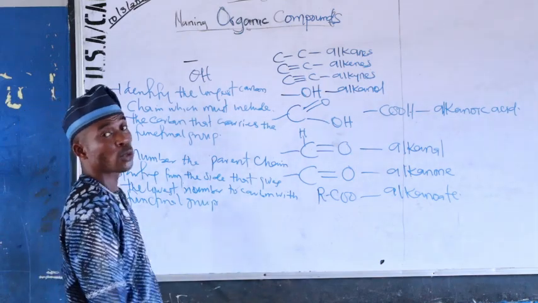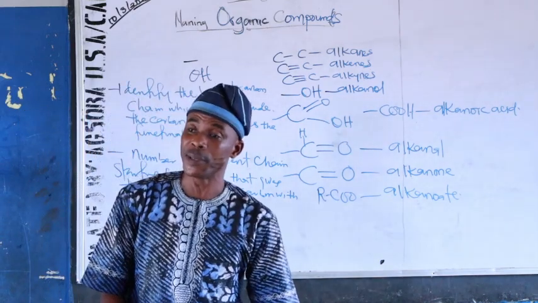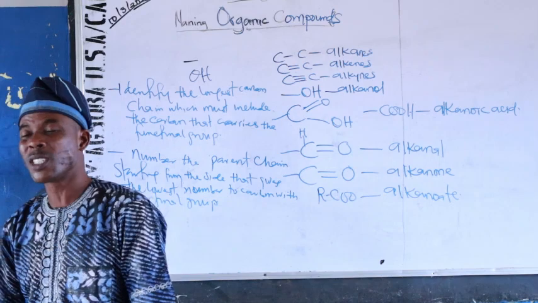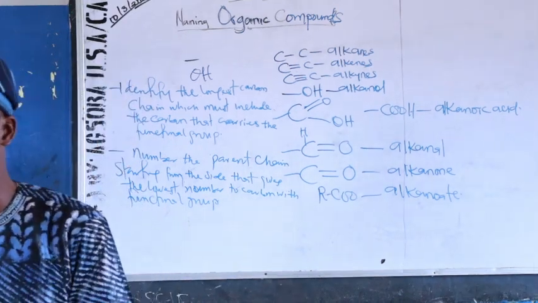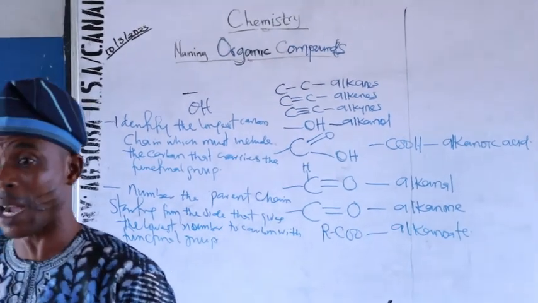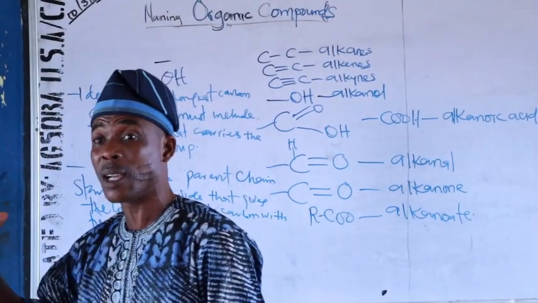That means when you want to number the parent chain, you must consider the side that will give the lowest number to the carbon that has the functional group.